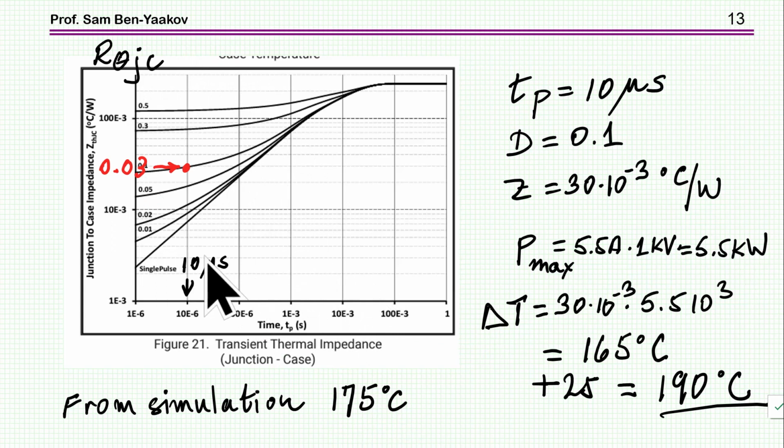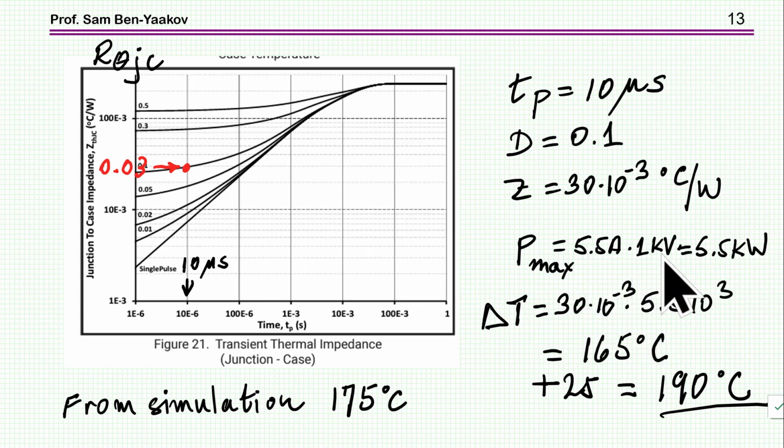Now, this is a duty cycle of 0.1. We have 10 microseconds. So the thermal resistance or thermal impedance is 0.03, or 30 milli-degrees centigrade per watt. Now the power we already know is 5.51 kilowatt. This is the peak power which you are using here. You are not using the average, you are using the peak.